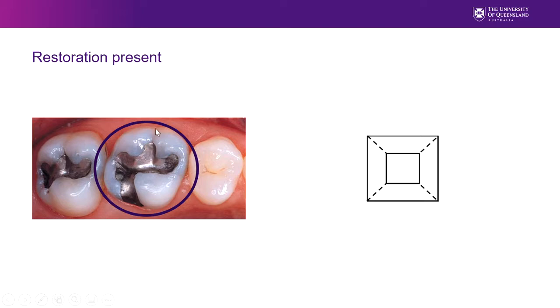So we can see it spans the occlusal fissure surfaces and goes towards the palate. So we try and mimic as best as we can the surfaces and the shape of the restoration that's in the mouth. And then we colour it in to signify that it's already existing, it's already in the place of the mouth, not for us to complete.